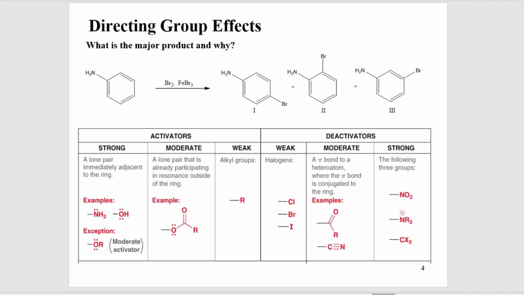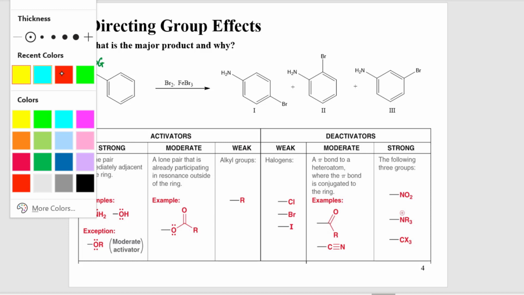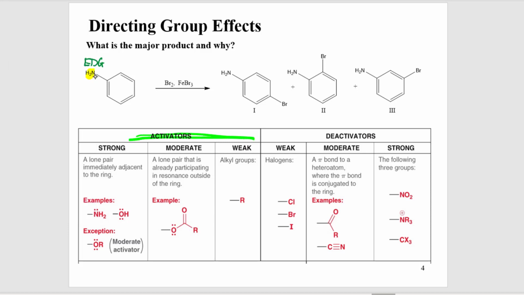Okay, here's what we need to know. We have our electron donating group. And what I'm going to draw your attention to down here is that the activators are listed on the left. So the strongest activators are the ones that, when they're directly attached to the ring, have a lone pair.